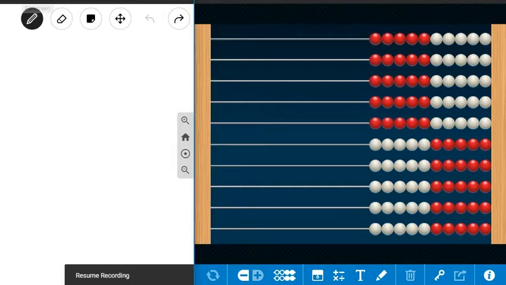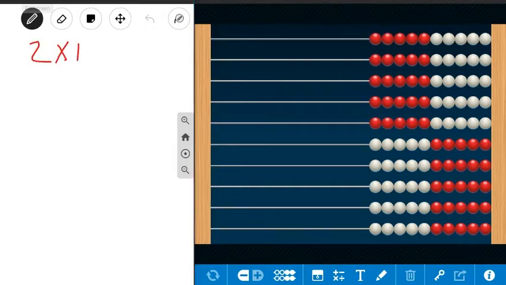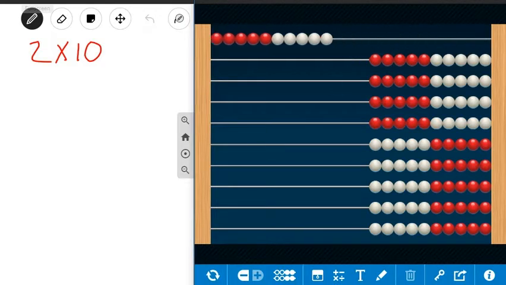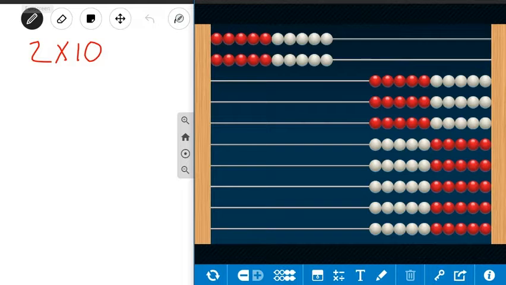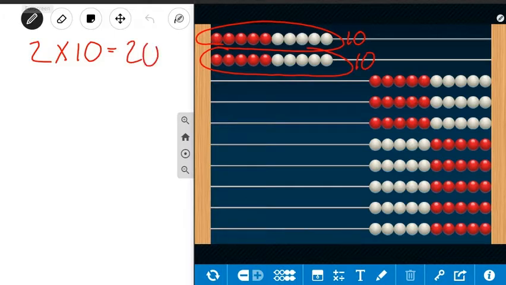So if I were to do 2 times 10, I'm saying I have 10 2 times, 2 rows of 10. I have 10 here and 10 there. That's 10 and 10. So 2 times 10 equals 10 plus 10, which is going to be 20.